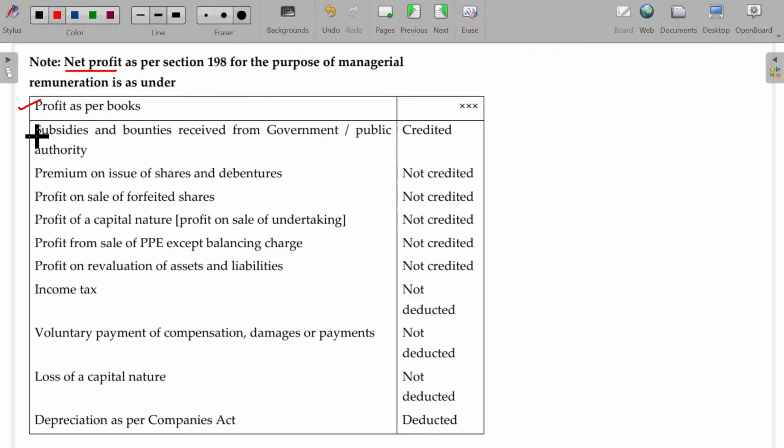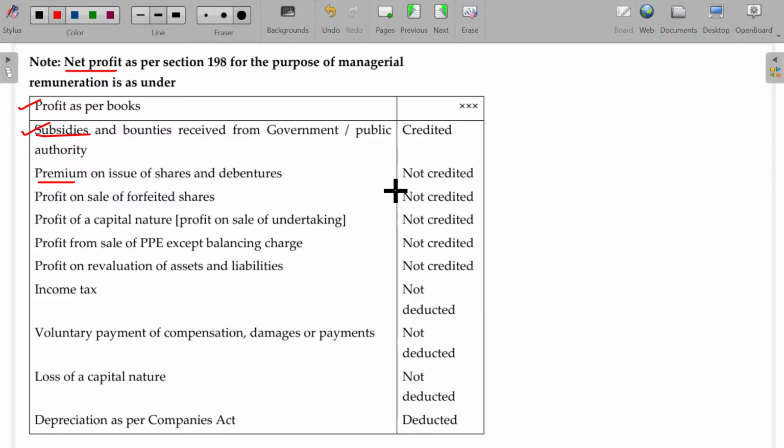Now, subsidies and bounties received from the government or public authority can be included. Subsidies, we already studied. Subsidy for the revenue loss because of the government's control, they will give the subsidy, that also forms part of the profit. Now, what about the premium? Can we consider the premium as net profit for dividend distribution or managerial remuneration distribution?